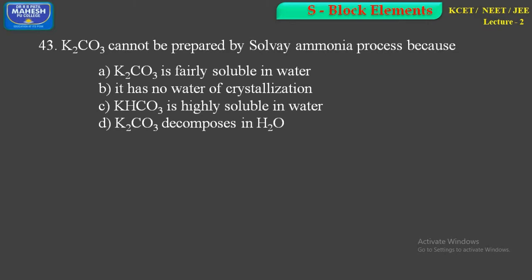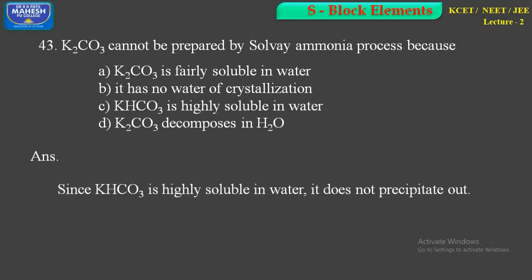And option D, potassium carbonate decomposes in water. Students, since potassium bicarbonate is highly soluble in water, it does not precipitate out. As a result, option C is the right answer. Potassium carbonate is highly soluble in water.